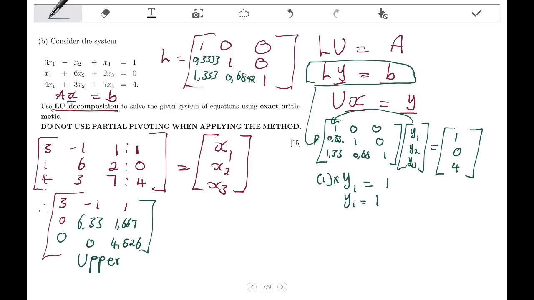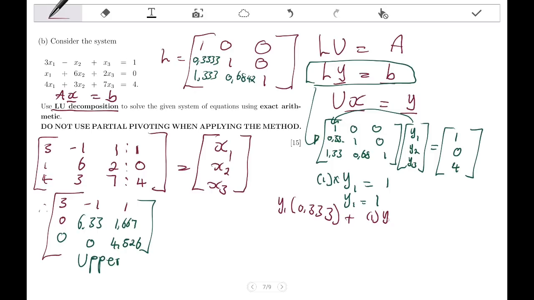You are doing the very same thing: y1 multiplied by 0.333, because this stands for y1, plus 1 times y2 is equals to 0.